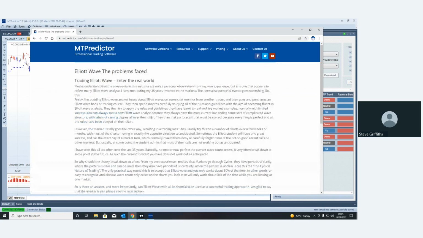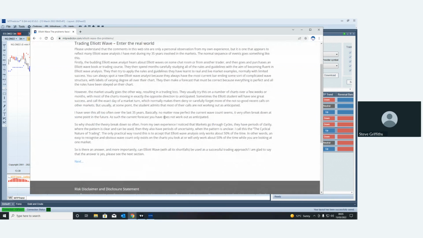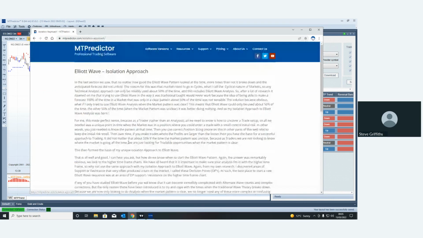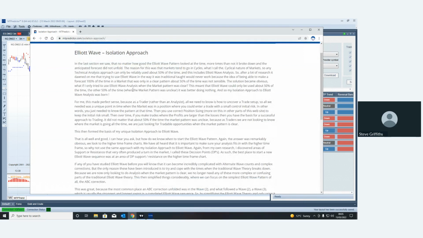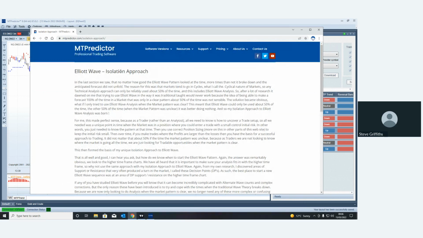You can click on that, you can read through that and actually see why I believe that markets are random half the time. And if you go on to next, you can then see a bit of background about how I do, or why I developed the isolation approach to Elliott wave.